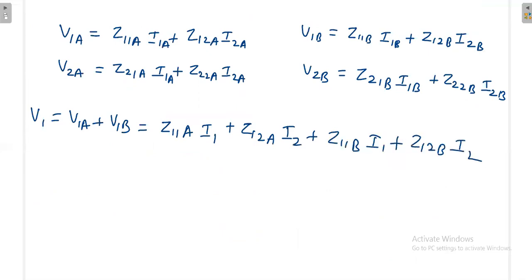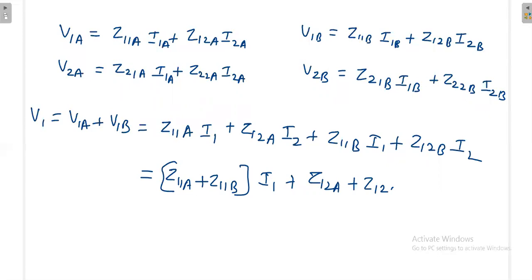Then if you make the arrangement, you take I1 separately, Z11A plus Z11B into I1, and take I2 separately, Z12A plus Z12B into I2.